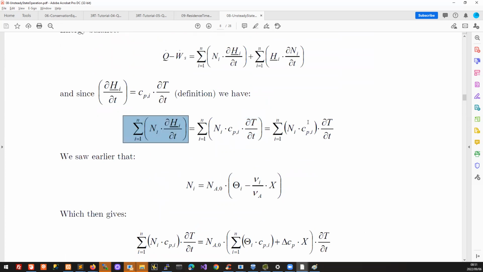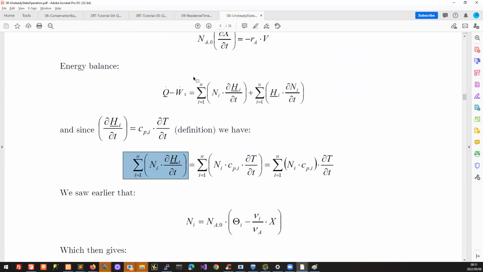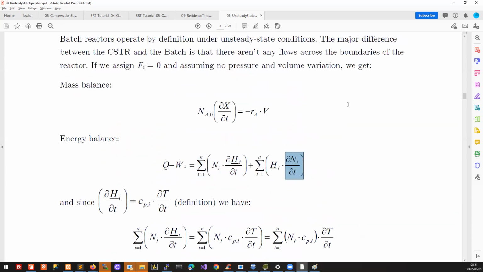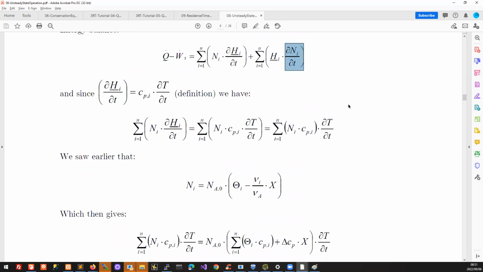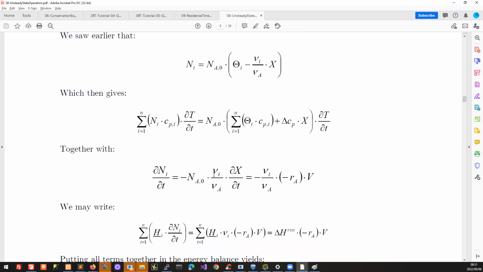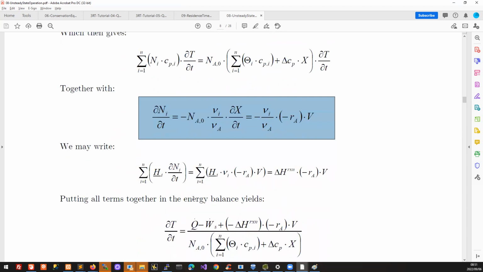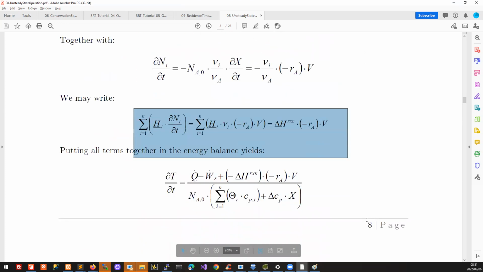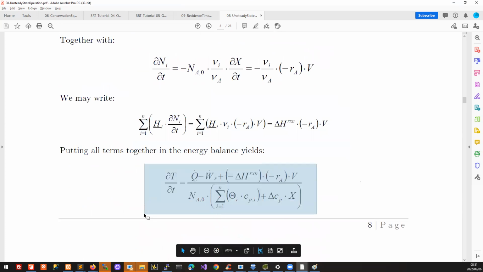If we substitute that in here in our balance, then we only need to substitute for dN/dt. And of course, dN/dt we have from our material balance. For the batch reactor, that's our material balance. If we stick all that together, then we finally get this nice form for the batch reactor.